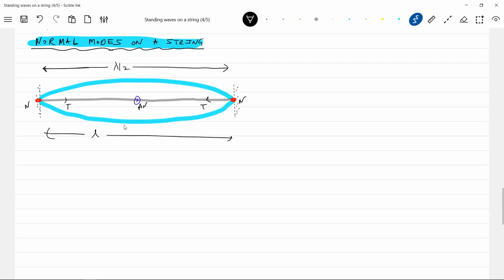Let L be equal to lambda by 2, or lambda 1. I'll write it. What is lambda? We know F equals V by lambda, so lambda 1 will become V by 2F1. So F1 equals V by 2L. What in turn is V?